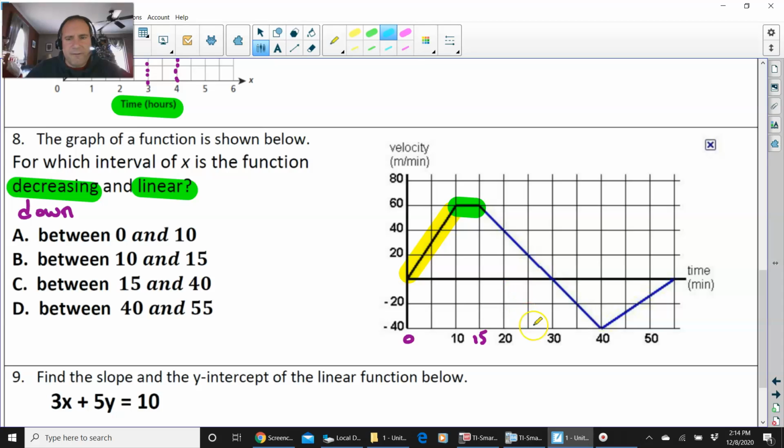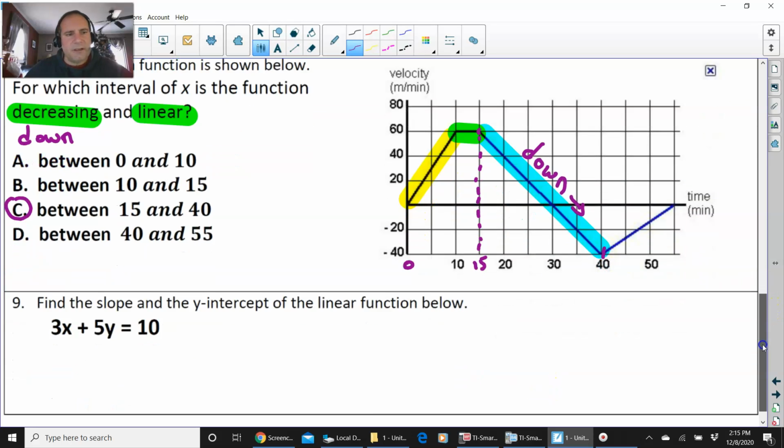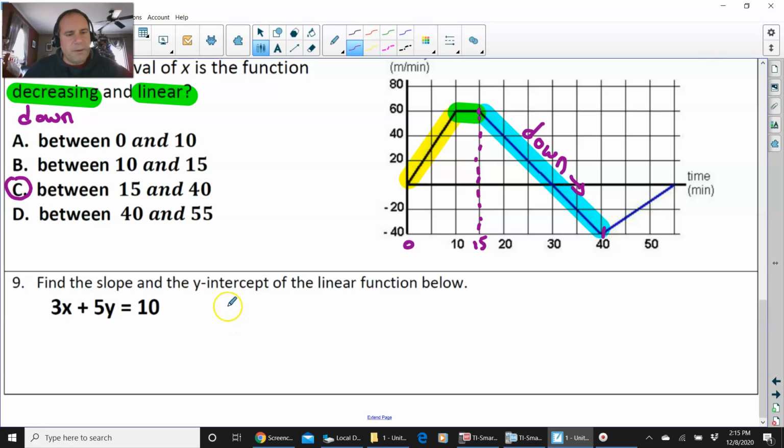Then from 15 to 40, decreasing. Yes, that is the one that is going down. I don't have to look any further. That is decreasing between 15 and 40. So that's C.